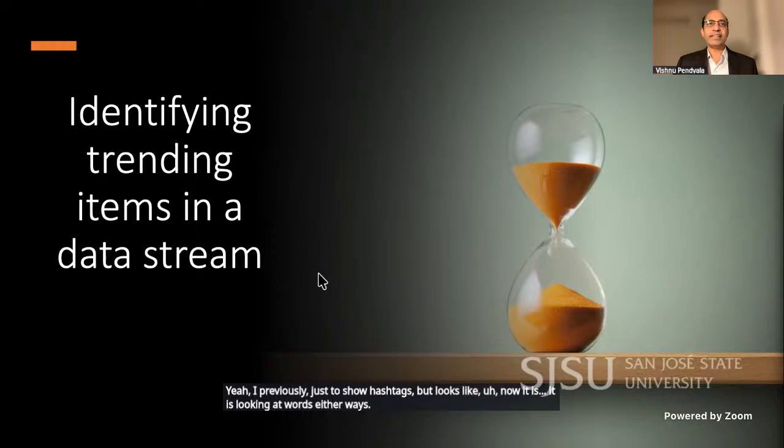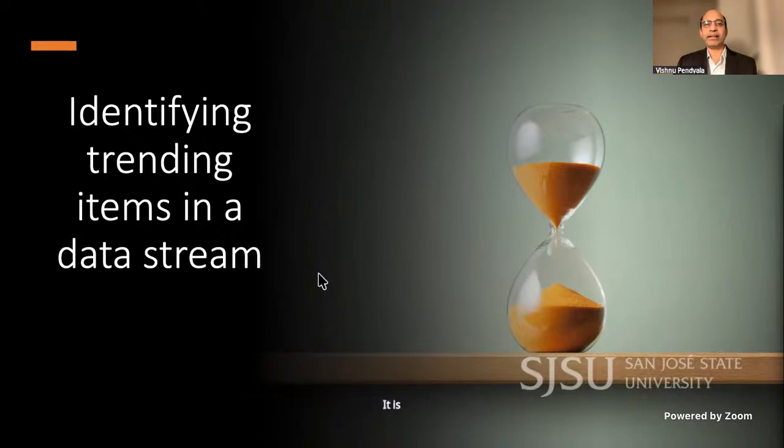Either way, what it seems to be doing is, instead of looking at hashtags, trying to identify the important words in a tweet and trying to identify trends in the stream of the keywords, right?